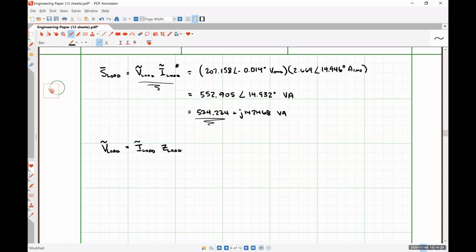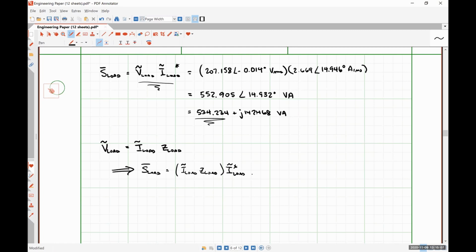So if we substitute this into our complex power relationship, we would have S load is I load times Z load times the conjugate of I load, right?